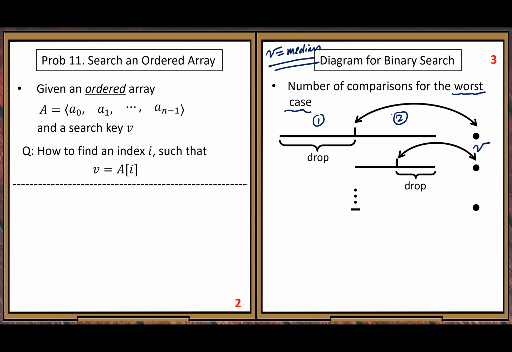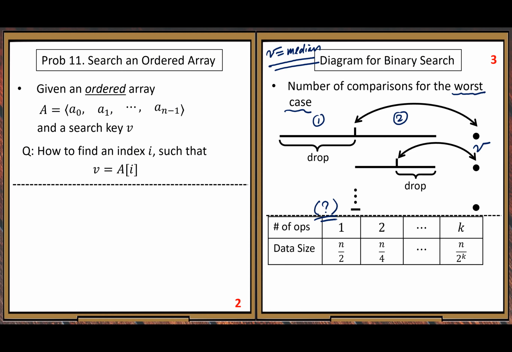But where to stop, at this point, we do not have a good idea. After how many comparisons we have to stop? At this point, we couldn't figure out. But later, we need to figure this number out, because that is important.